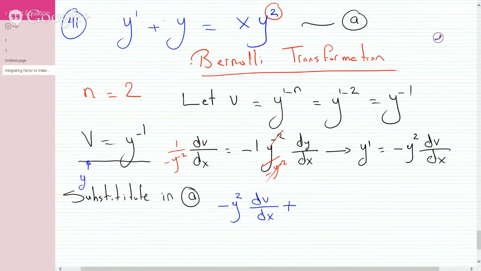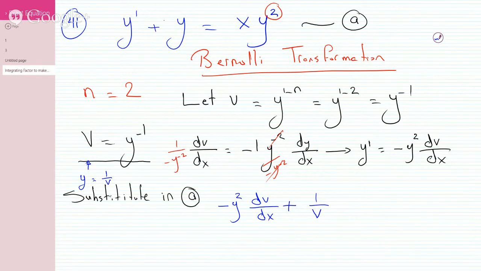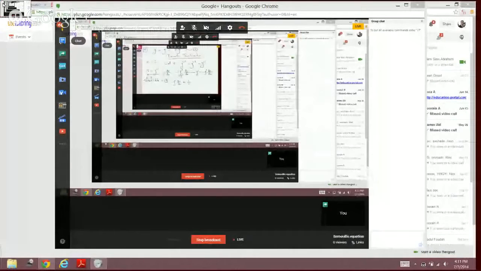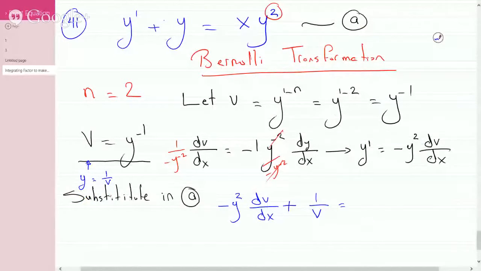So y is equal to 1 over v. Do you agree? So then y becomes 1 over v, because the transformation necessitates that everything now goes from y to v. So this is 1 over v. Make sure. Yeah, okay. 1 over v equals x times y squared.